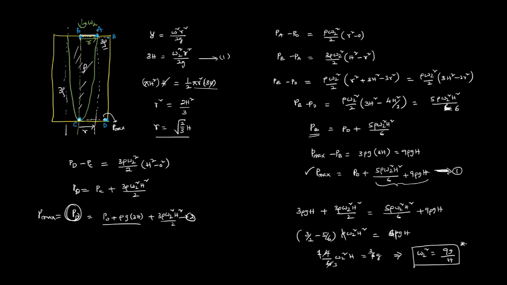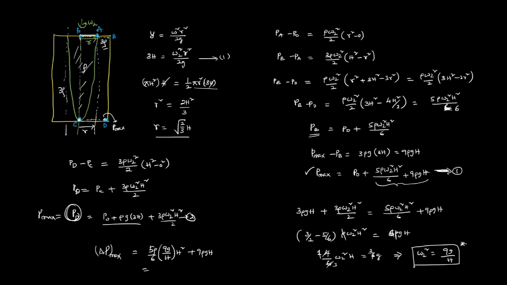Once I know the omega 2 square value, I can go for the maximum gauge pressure. So what is the maximum gauge pressure? Maximum gauge pressure is equal to 5 rho by 6 omega 2 square, 9g by h multiplied with h square, plus 9 rho gh.